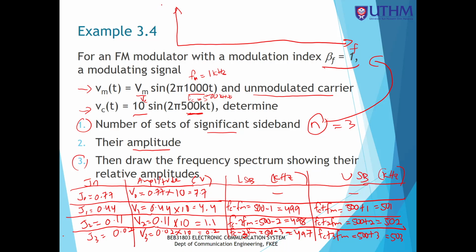That means this is in terms of Jn. So I just draw here. This is 0, and this is 500, the frequency in kilohertz. We have the first sideband, the second sideband, and also the third sideband.